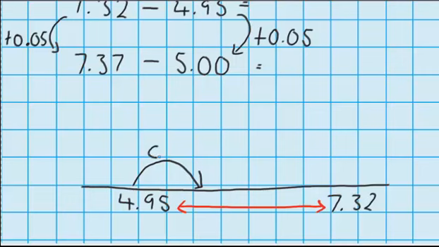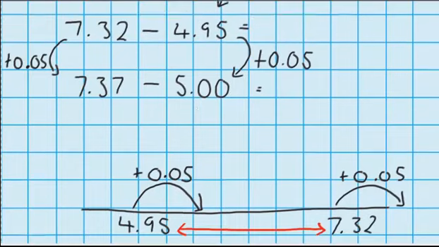I made it bigger by 5 hundredths. Now that would make the gap here smaller unless I also made this number bigger by the same amount, so I need to make it bigger by 5 hundredths. And you can see that's what we've done up here. Both of those numbers have got bigger by 5 hundredths.